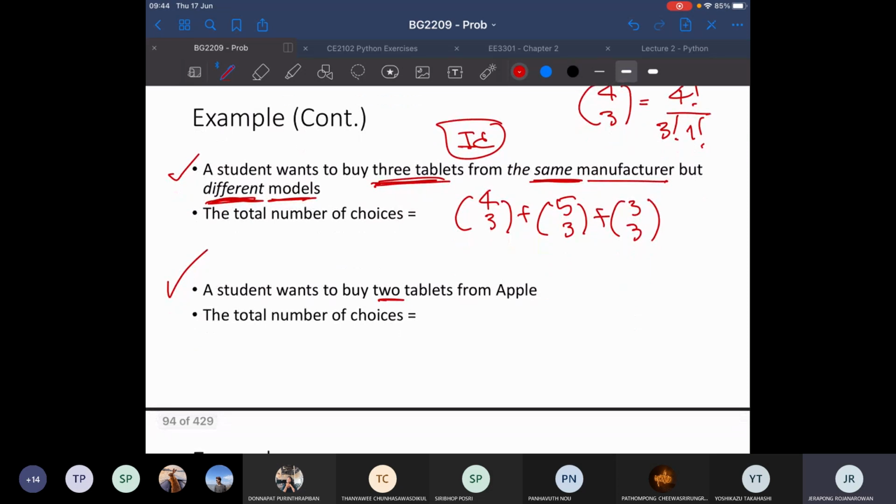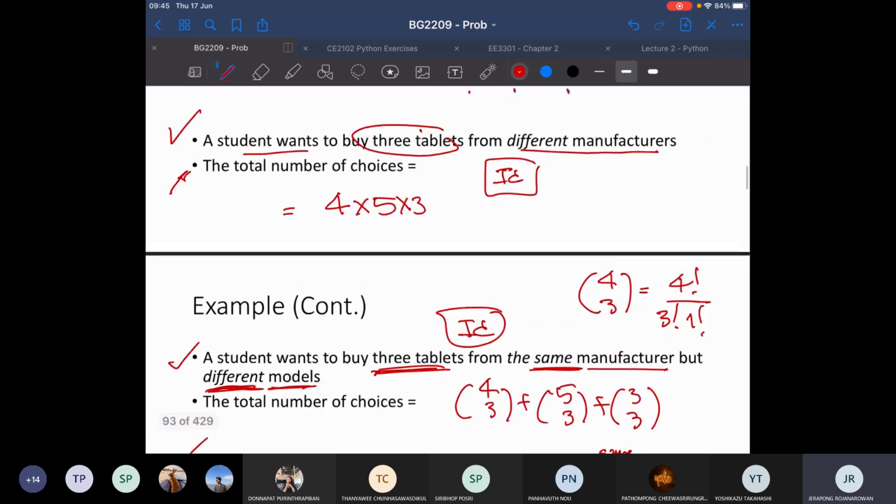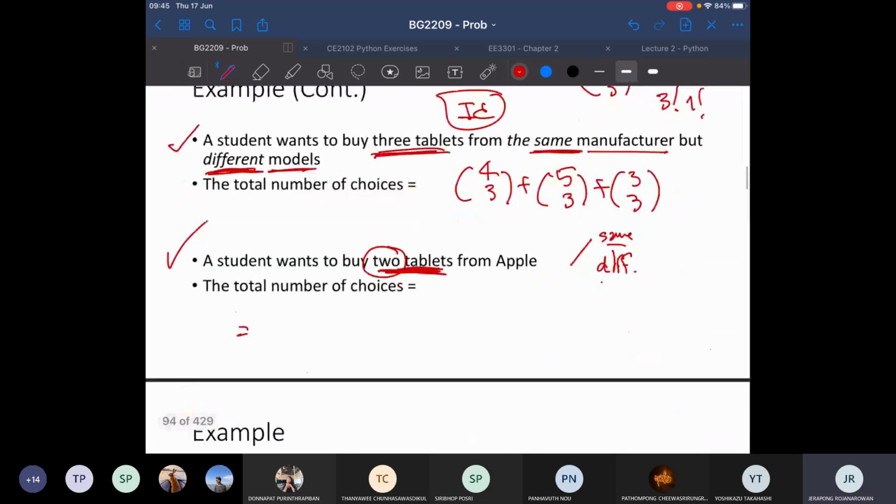Now, if you want to buy 2 tablets from Apple, it doesn't say if it's the same model or different models. So you have 2 choices: same model or different model, right? If it is the same model, how many ways can you do it? You want to buy only 2 of the same model from Apple.